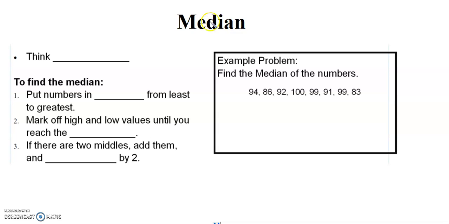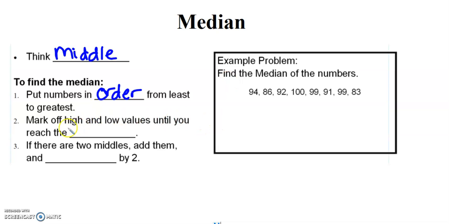Next, we're going to talk about median. When we hear median and we don't know what that means, we want to think middle. Median means middle. So to find the median, we need to put the numbers in order from least to greatest.